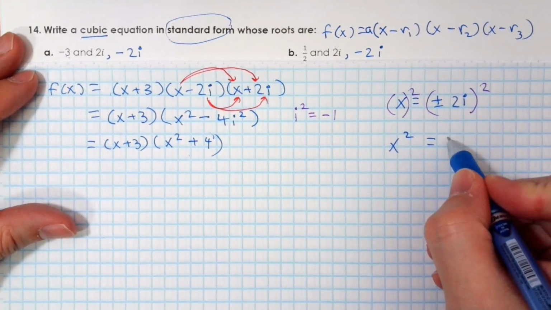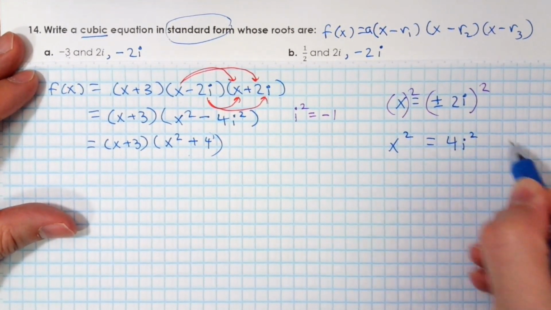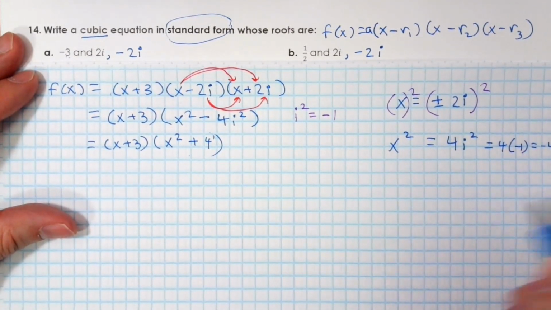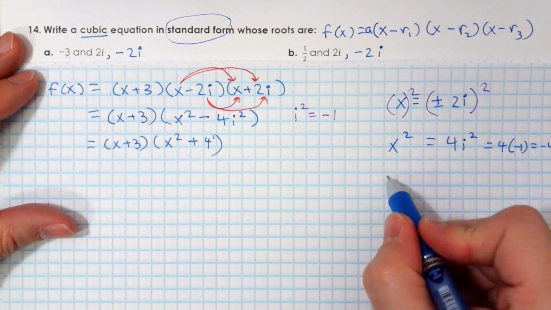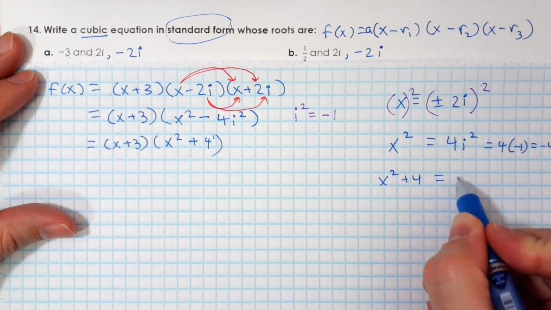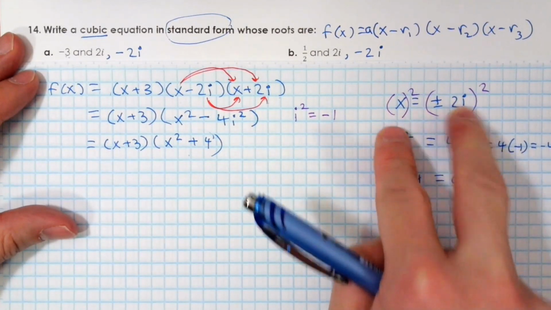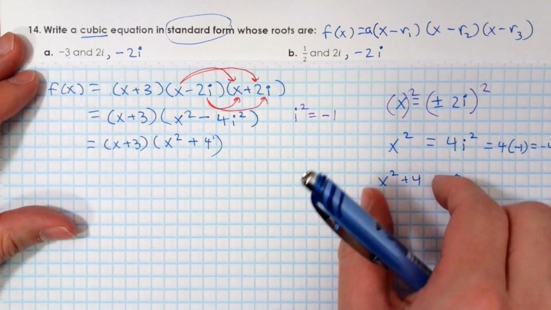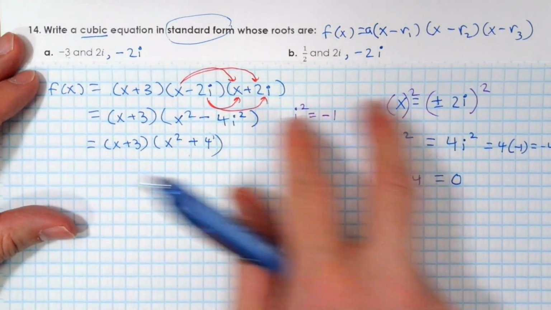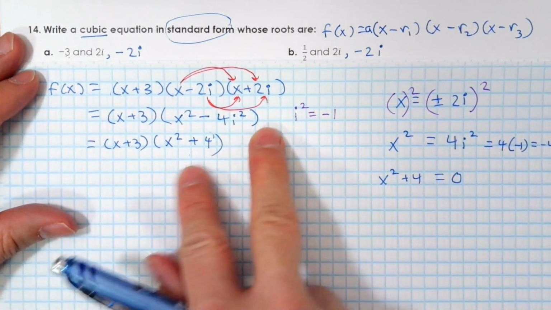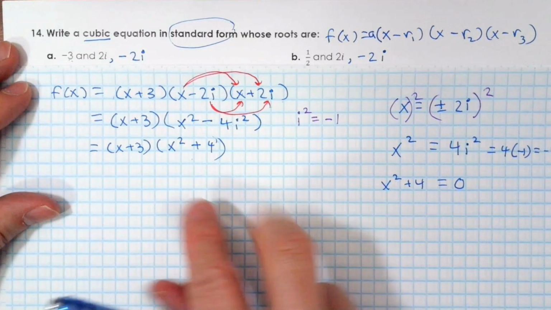So you'd get 4i squared, which is 4 times negative 1, which is negative 4. X squared plus 4 is 0. So this x equals plus or minus 2i is equivalent to this, so then that would become a factor. Don't have to do it this way, and there's other things you could do. But we're not done yet.